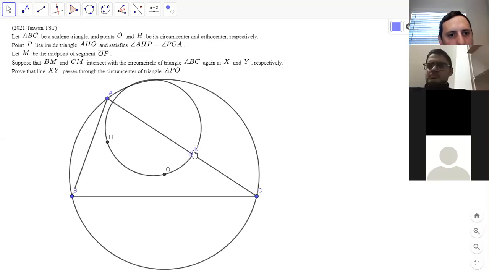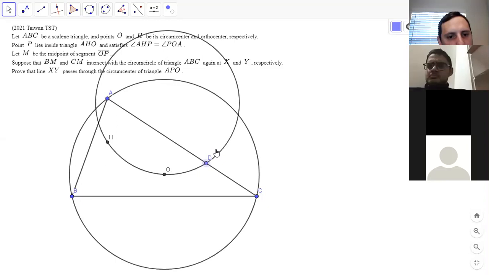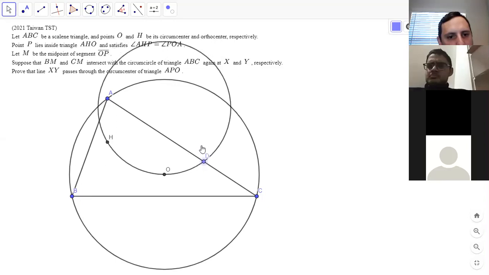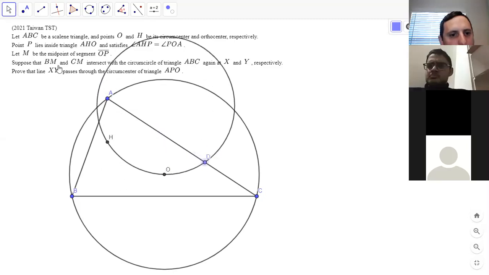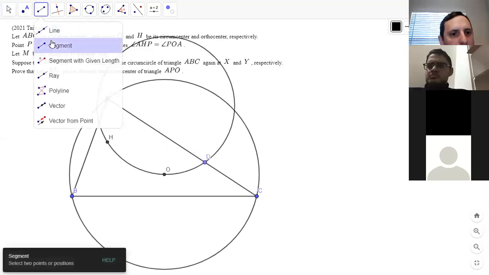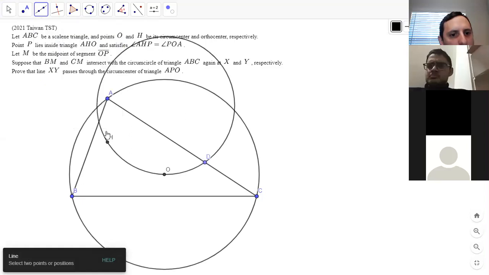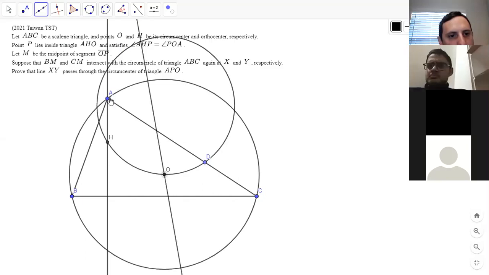Okay, so we want to see where it cuts AH and AO.